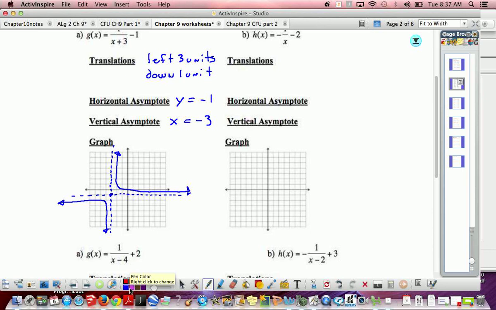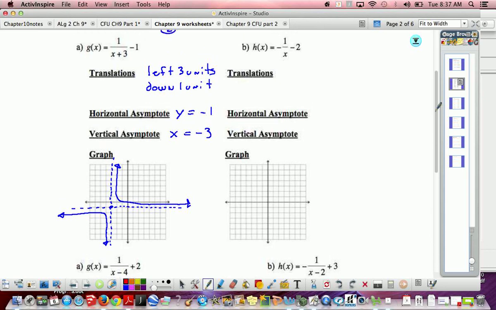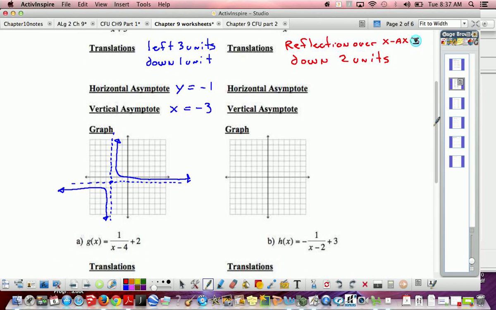Alright, the second one, if I take a look at my translation, I have a reflection over the x-axis, and I am going down 2 units. So now when I graph this one, I start at 0, 0.